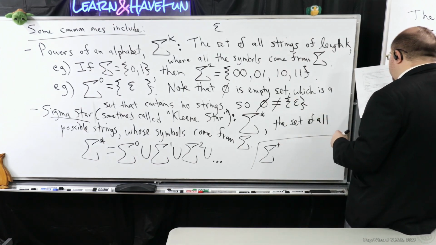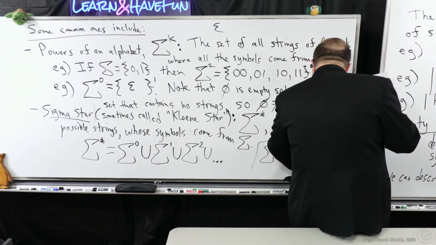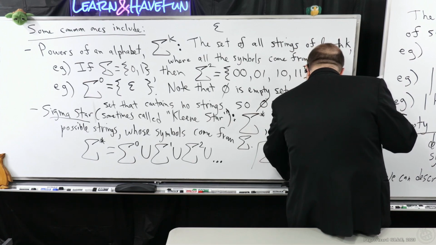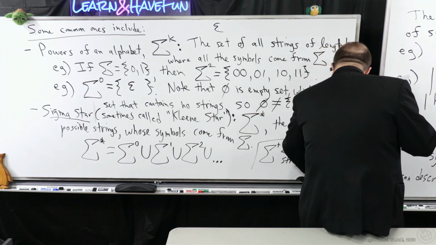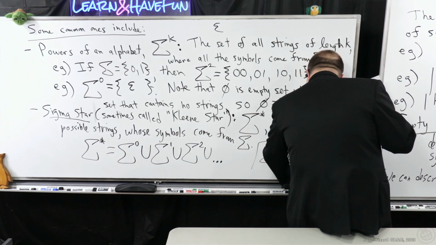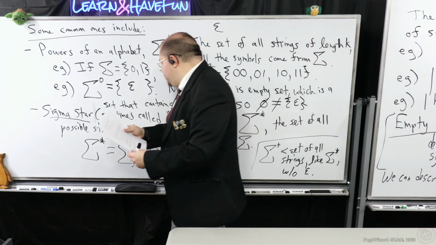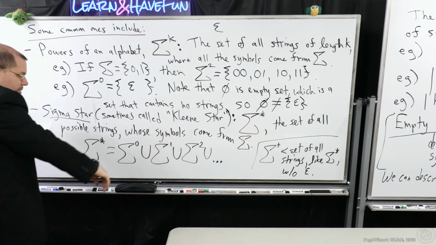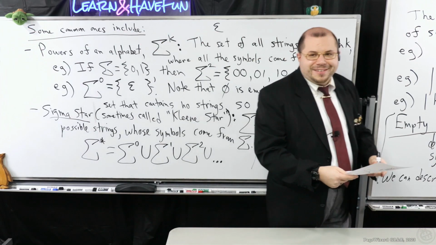This is the set of all strings like sigma star, without epsilon. So it won't include this one right here. It will include all the strings of length 1 and up. Just as a remark, I thought I would mention that.